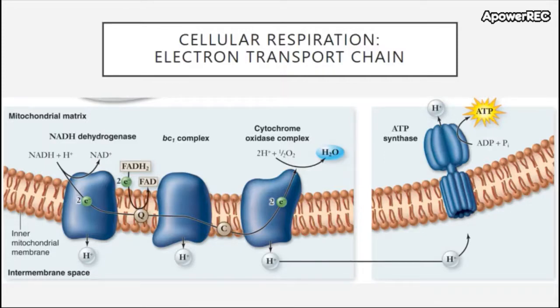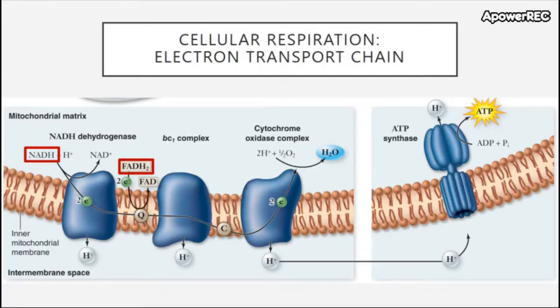If we start from left to right, we can see the general process. We have our electron carriers, NADH and FADH2, and they are regenerated into NAD+ and FAD. Their electrons are donated to the electron transport chain, either through complexes such as NADH dehydrogenase, or through membrane-bound electron carriers like quinone and ubiquinone and compounds like that.